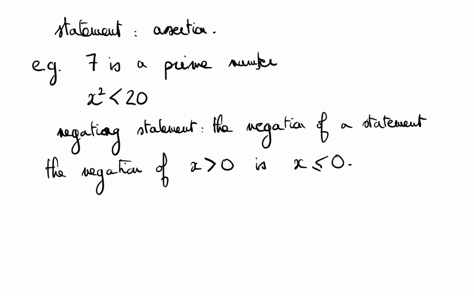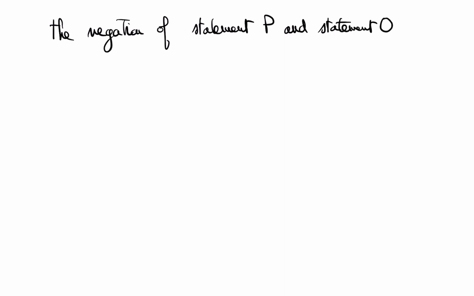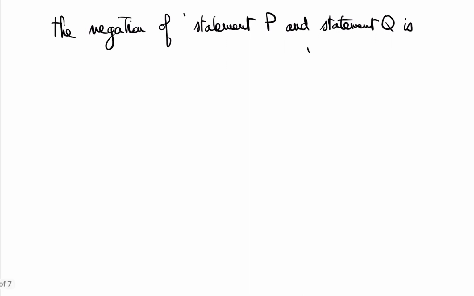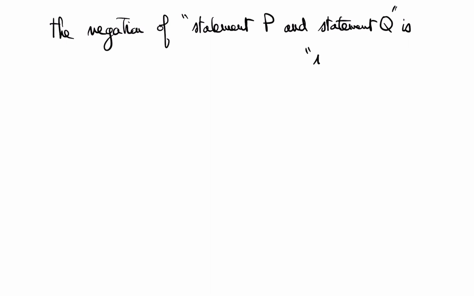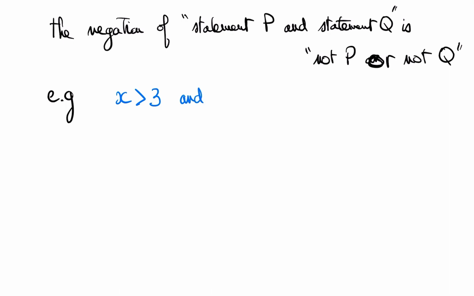Okay. So, the negation of statement P and statement Q, which are 2 different statements, is not P or not Q. So, for example, x greater than 3 and x less than 5.